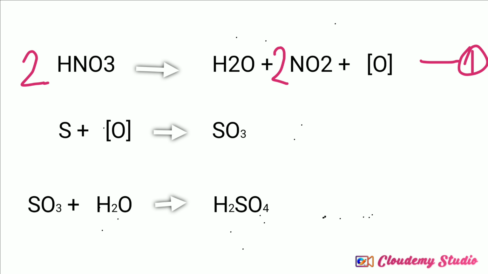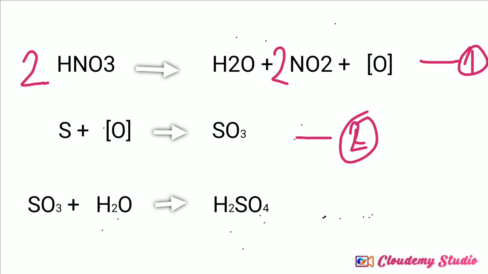That nascent oxygen only will react with the sulfur. So when sulfur reacts with nascent oxygen, we get the product sulfur trioxide. Now this equation we can consider as the second equation.